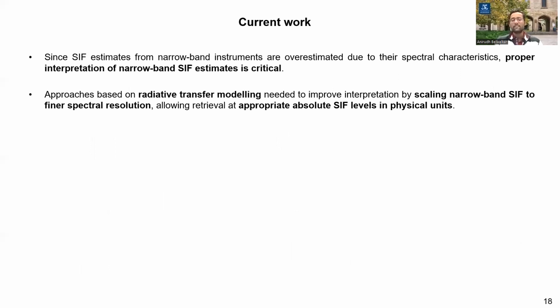Therefore, our current work focuses on taking the spectral resolution of these narrowband hyperspectral images into account by using approaches based on radiative transfer modeling and machine learning to scale the narrowband SIF to finer spectral resolution.